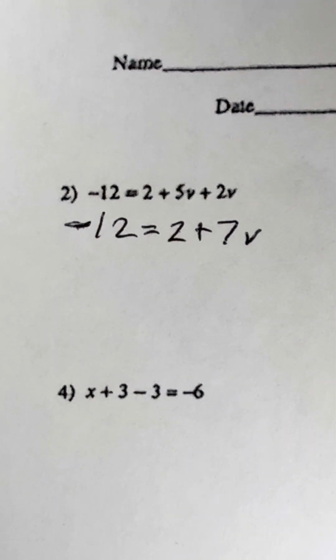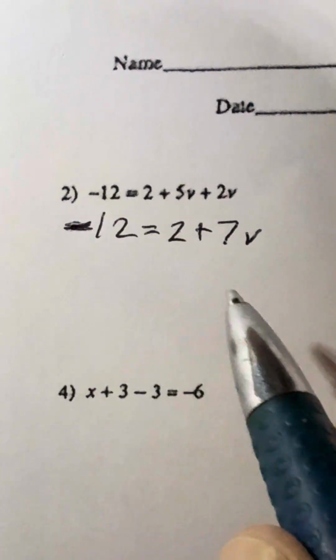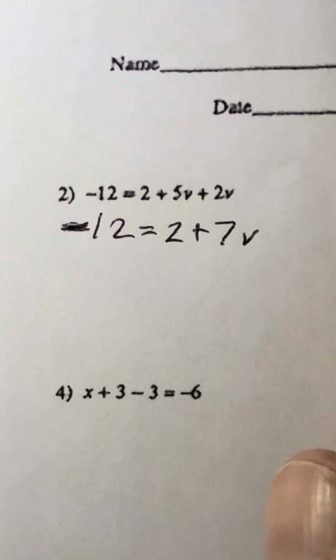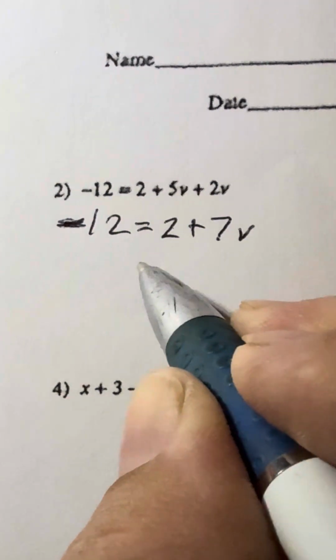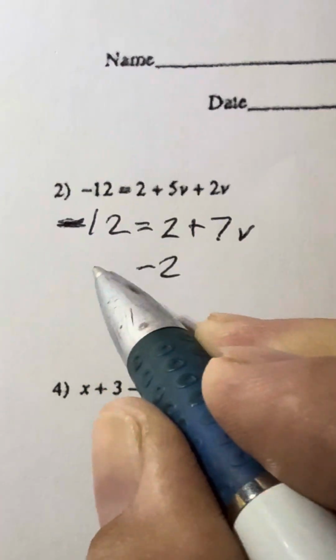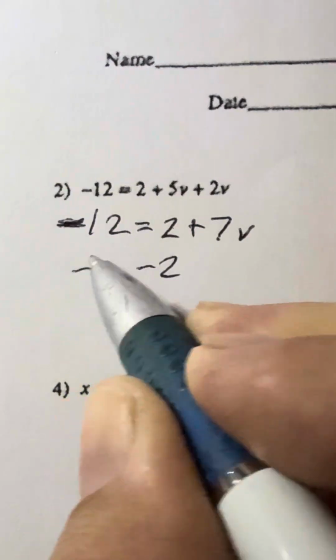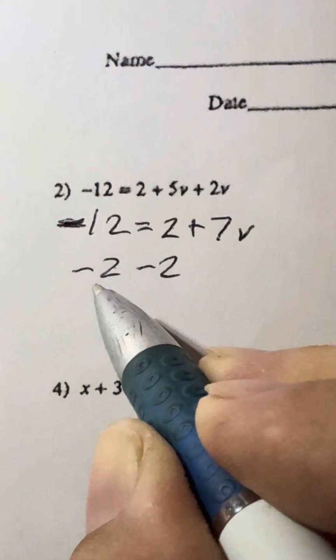Next step is to get the constants on one side of the equation. So this is the left side of the equation, this is the right side. We are going to subtract 2 from both sides. Whatever you do on the right side of the equal sign, you do to the left side. Subtract 2 from the right, subtract 2 from the left.